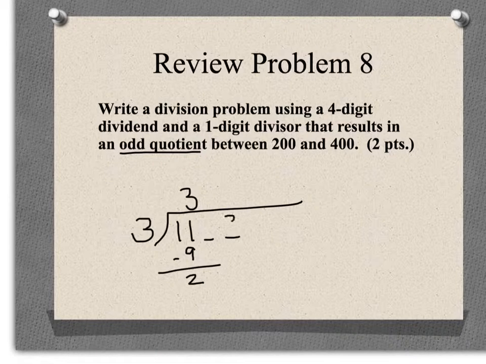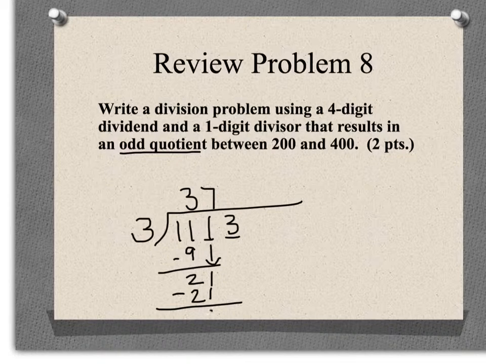Oh, I think I'll put a 3 here and make this number an even one. Put another 1. If I bring down the 1, 3 goes into 21 7 times, because 7 times 3 is 21, with none left over.